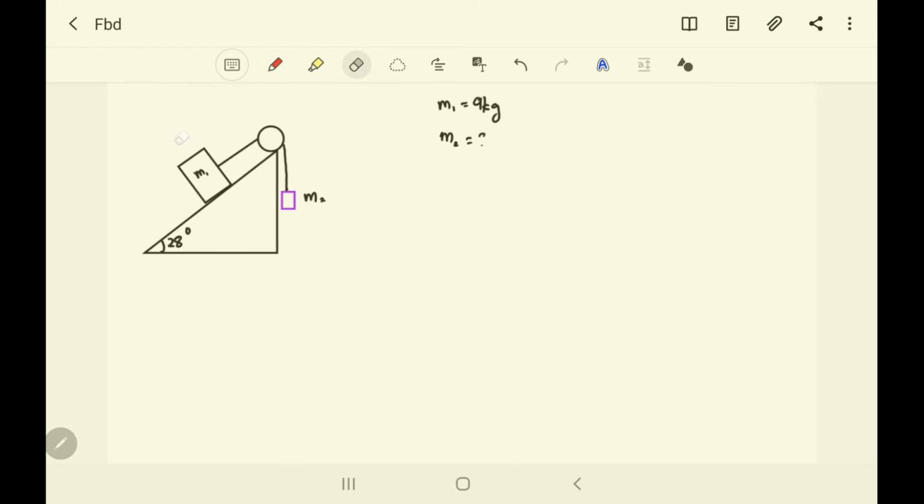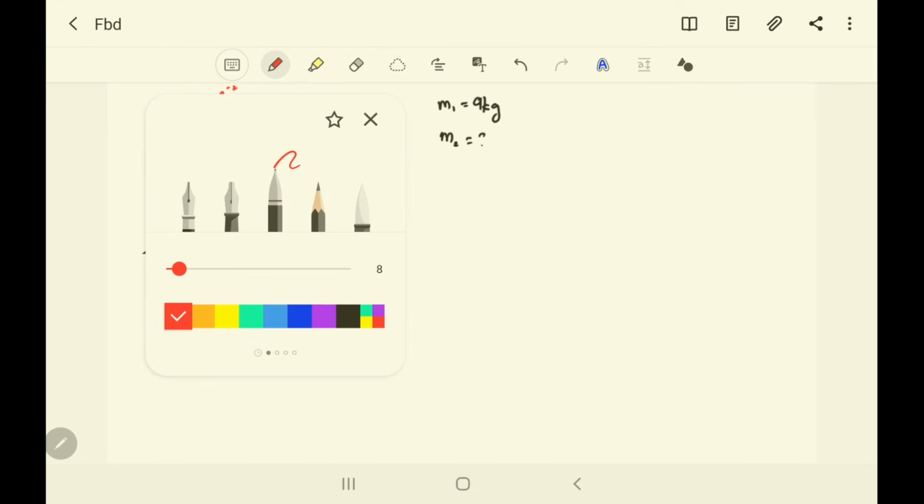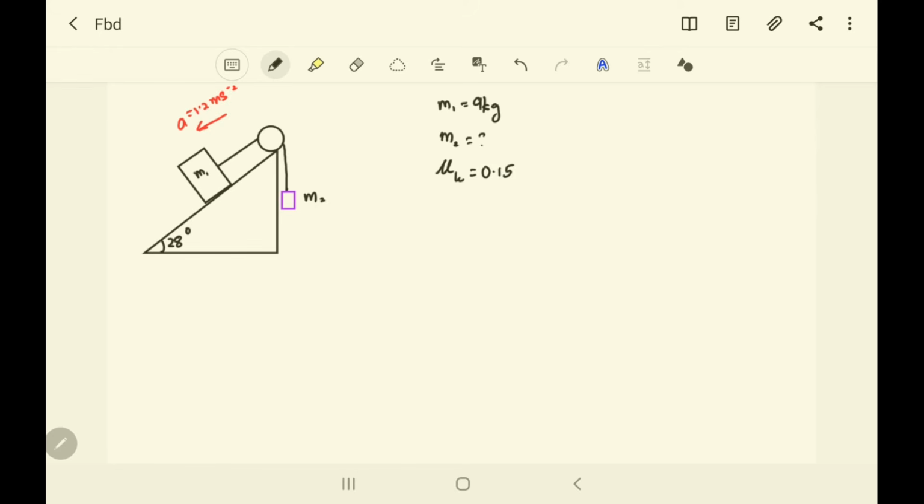Alright, so the question gives us that M1 is moving with an acceleration of 1.2 meter per second squared. And the coefficient of kinetic friction is given as 0.15. This one is the coefficient of kinetic friction between the surface of the inclined plane and the box of M1. What is the mass of the hanging block?